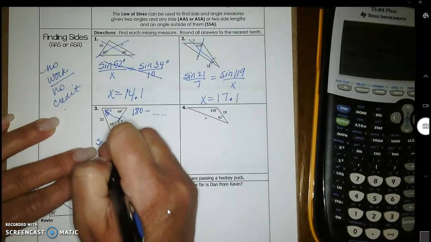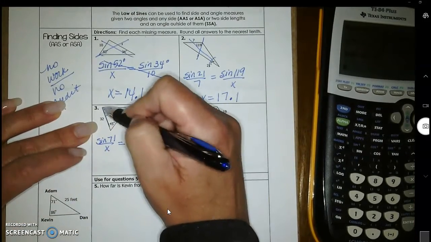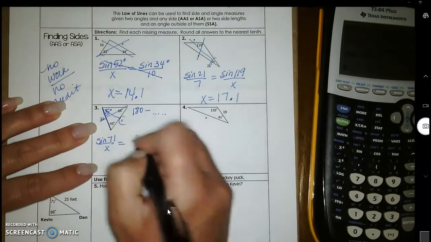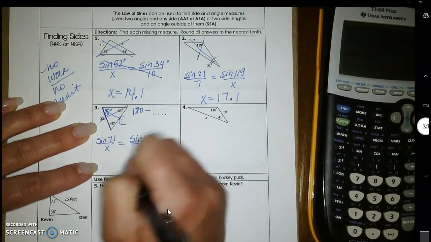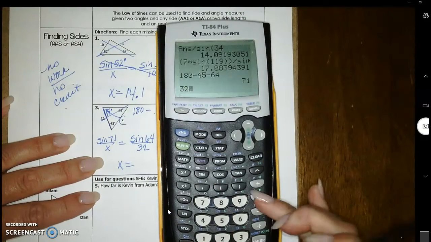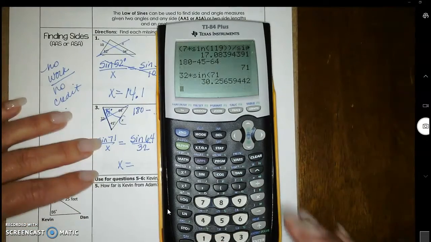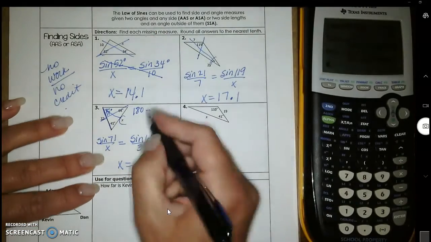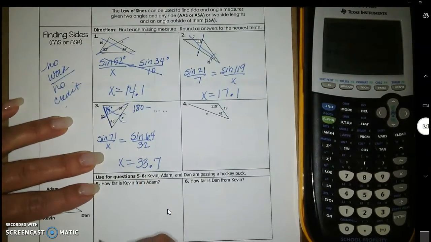So I'm going to do the sine of 71 over x equal to, and I know this side is 32, and the angle that is opposite is the 64, so the sine of 64. Hopefully that made a little bit of sense. Sometimes you're going to have to do an extra step to figure out a missing angle. So 33.7 it looks like.